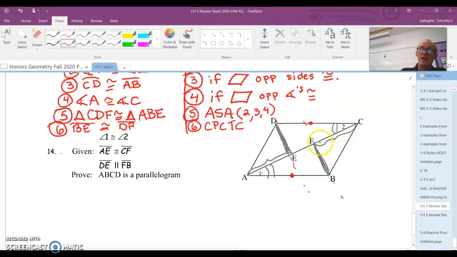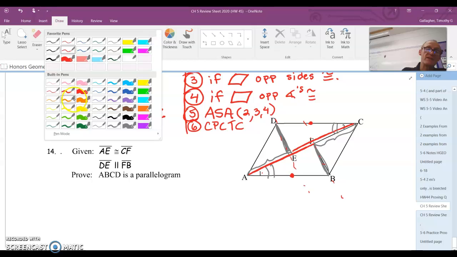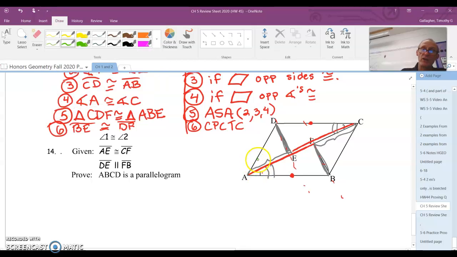Now, we also know that this segment here is going to be congruent to this segment here by addition. If you don't see it already, these are the two triangles that we're going to get congruent. It's going to be this one and this one.